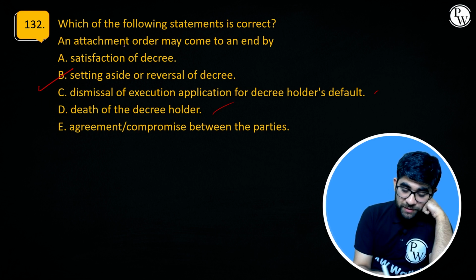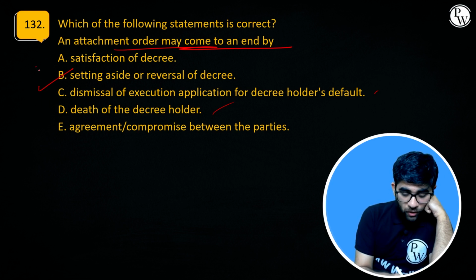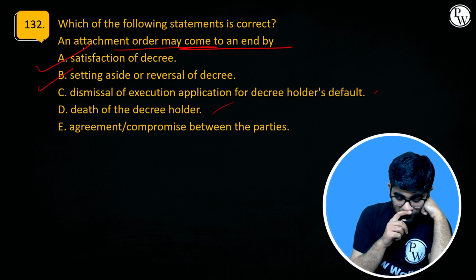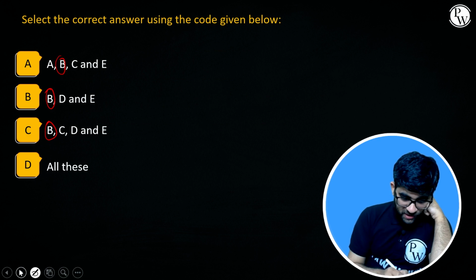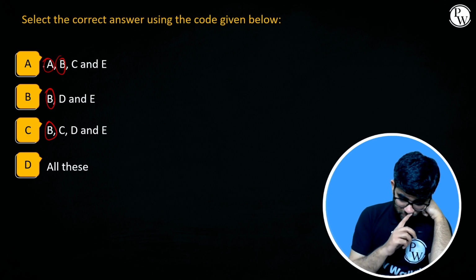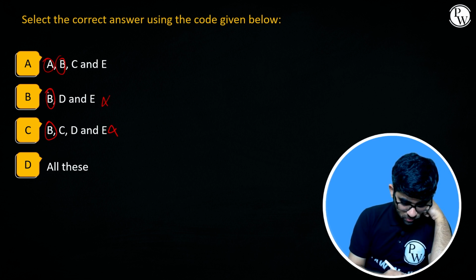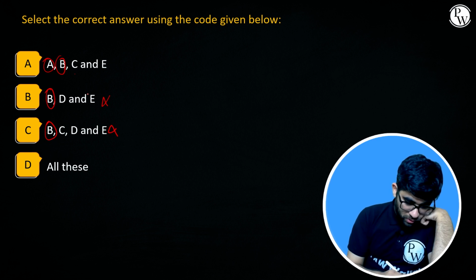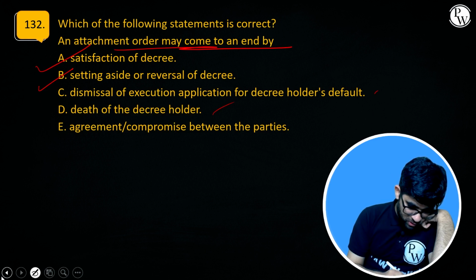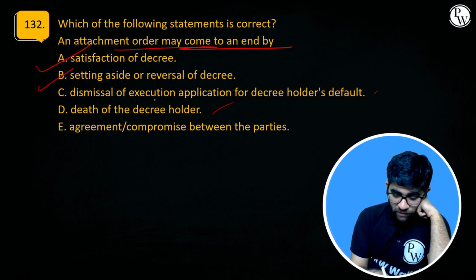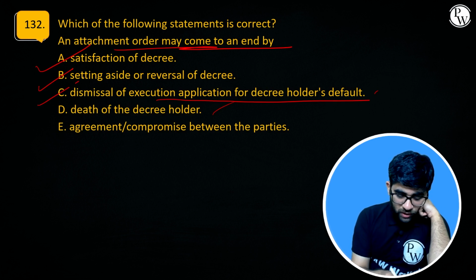Satisfaction. An attachment order may come to an end obviously by satisfaction of decree. A is also correct. Let's also examine D. C is dismissal of execution application for decree holder's default, correct.